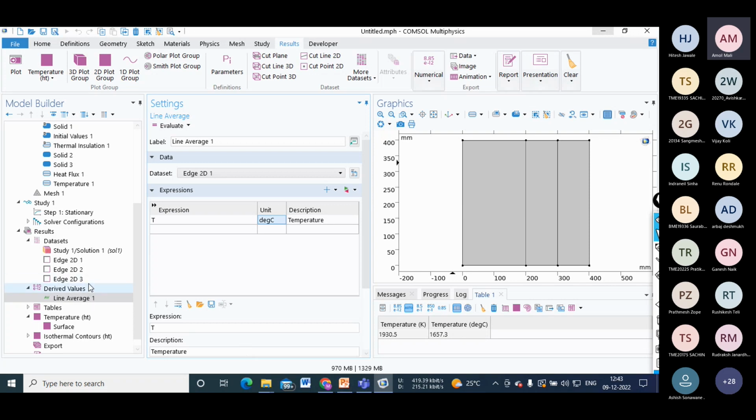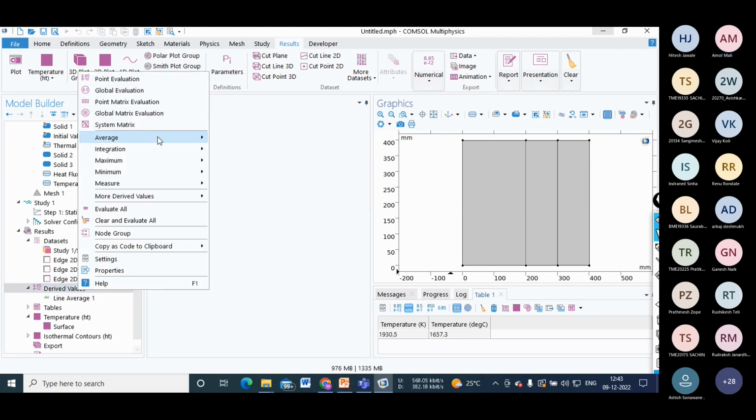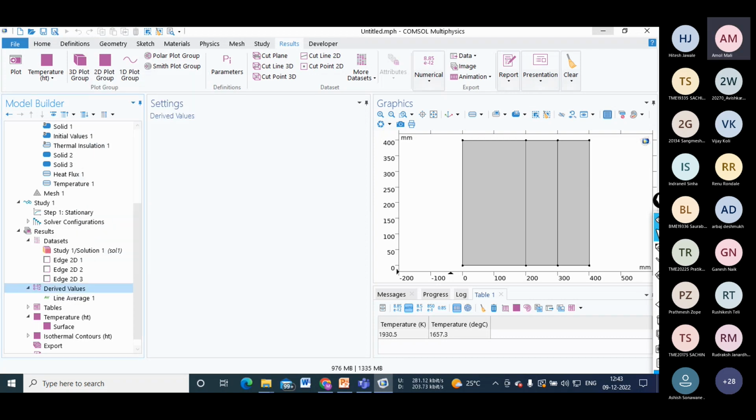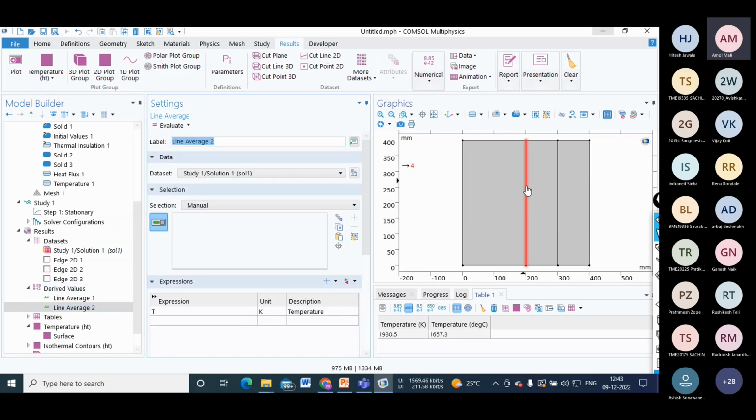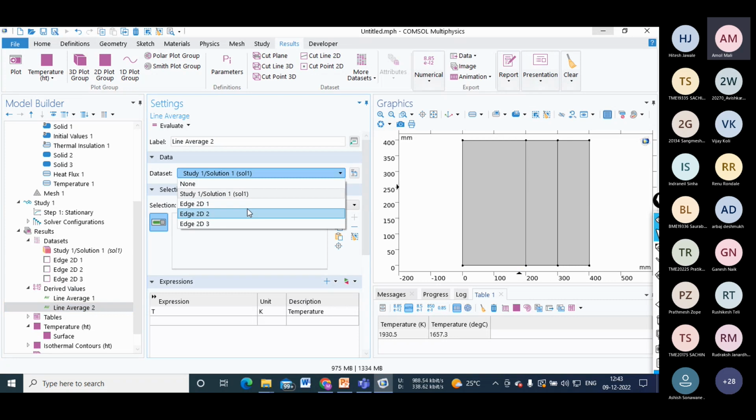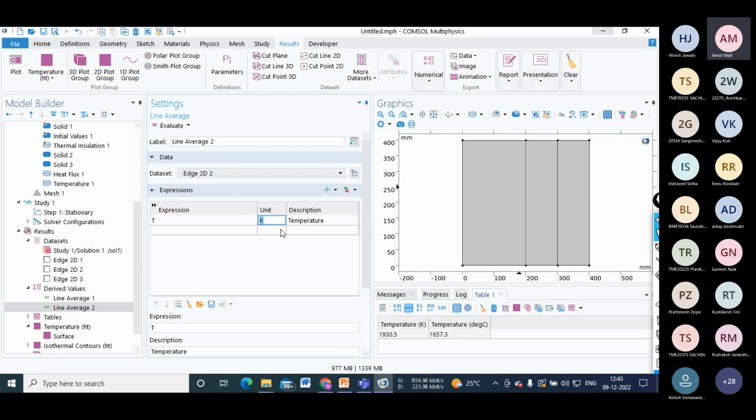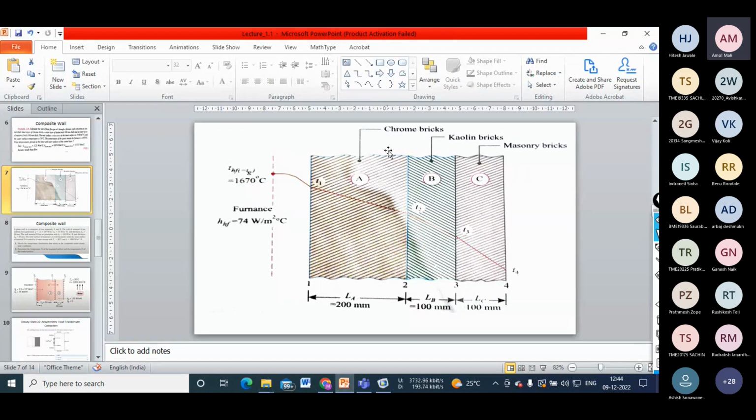Okay, now next I want to find out for this middle wall. For that you have to select second edge. Then I will select the unit properly. So here you can see 1507.2, that is the temperature in between chrome brick and kaolin brick, T2 temperature.